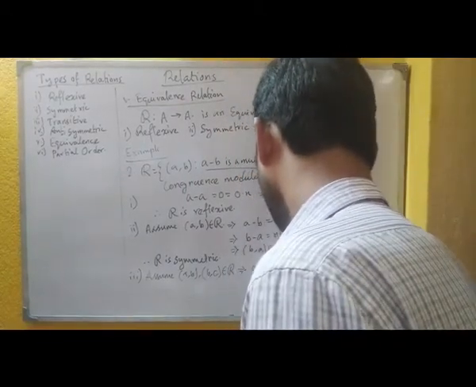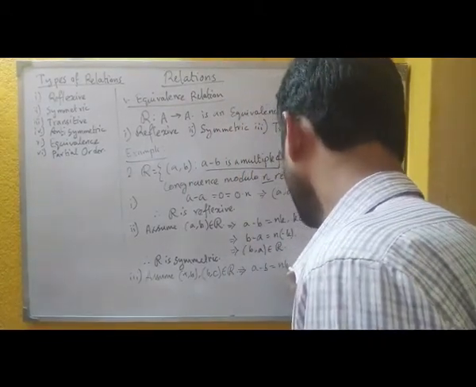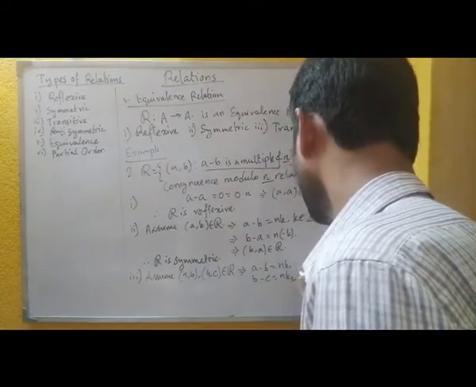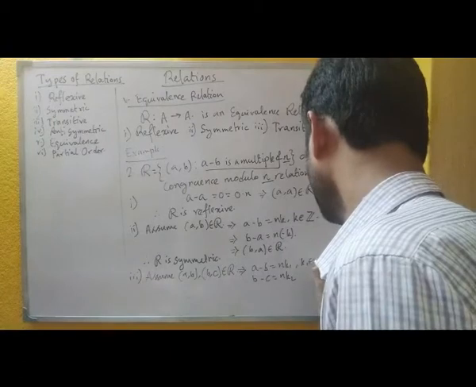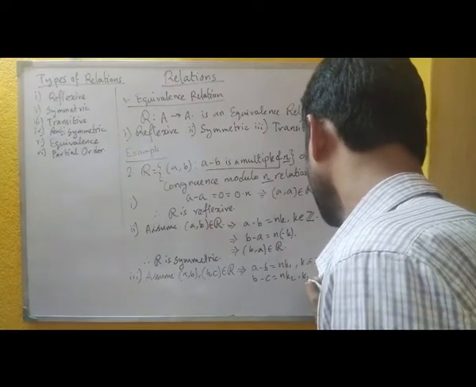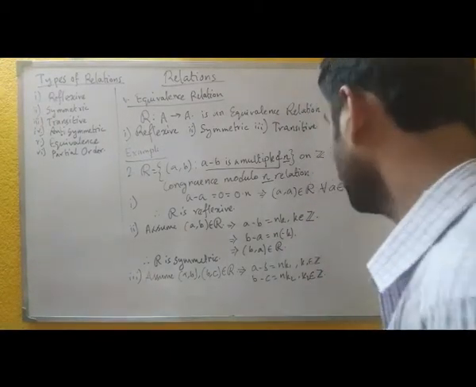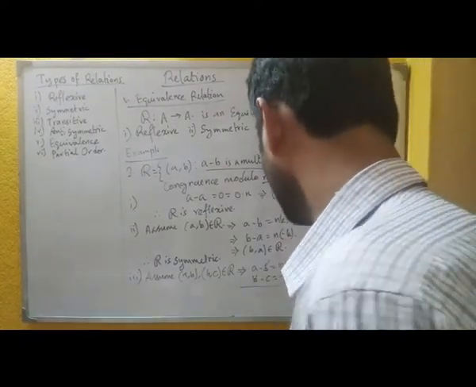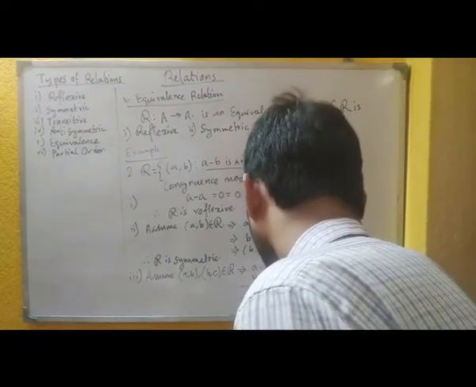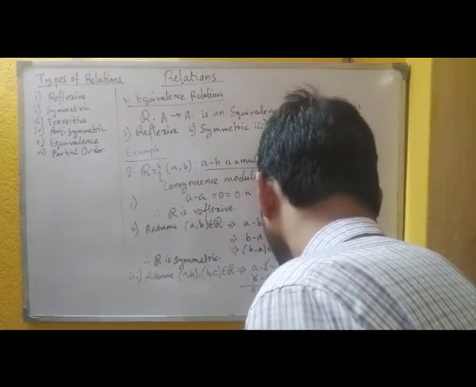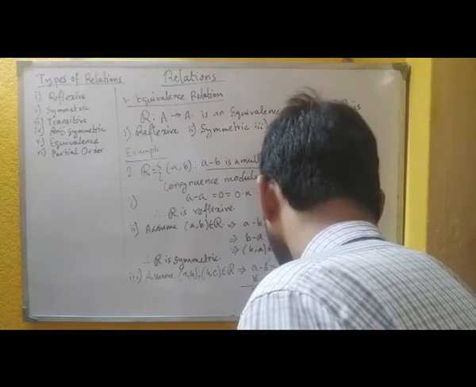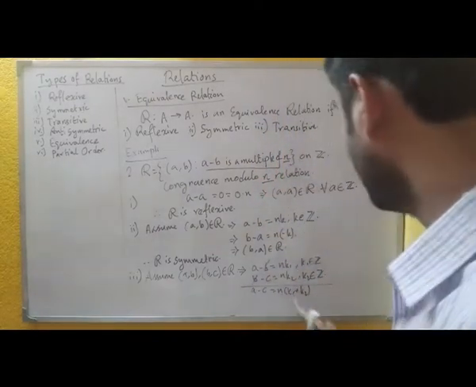Then from this we can say a minus b is some multiple of n, and b minus c is also a multiple of n, n k1 and n k2, where k1 belongs to Z and k2 belongs to Z. So we have seen previously that adding these two, the minus b and b will cancel out, and we will get a minus c is n into (k1 plus k2).